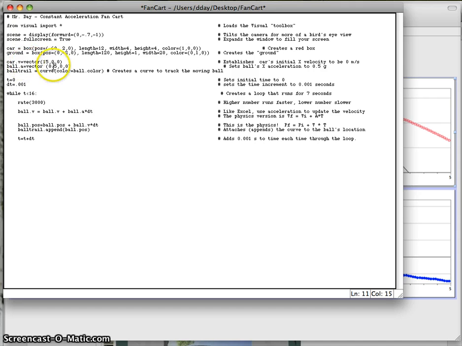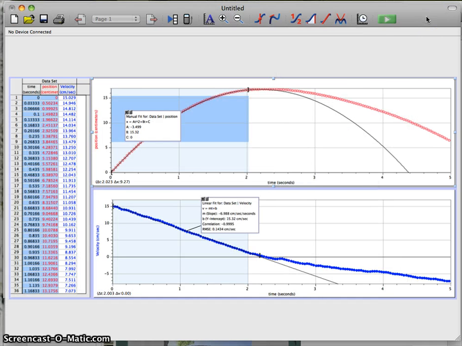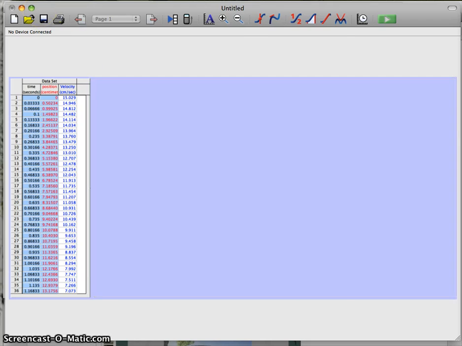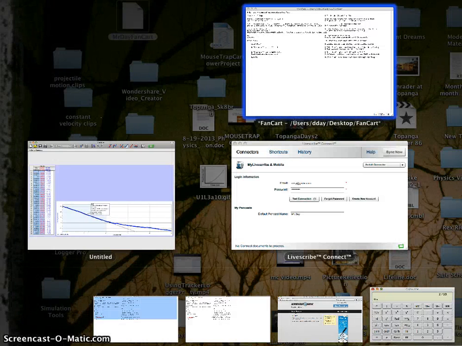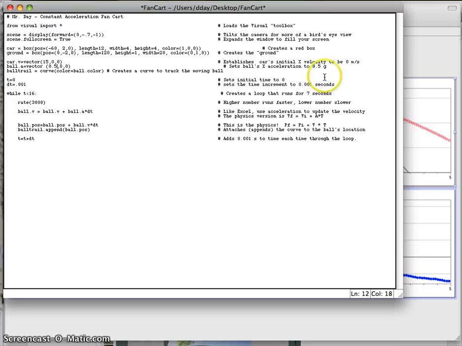And my acceleration, if I go back here, it was -7. So maybe I'll try -3, see if that works.